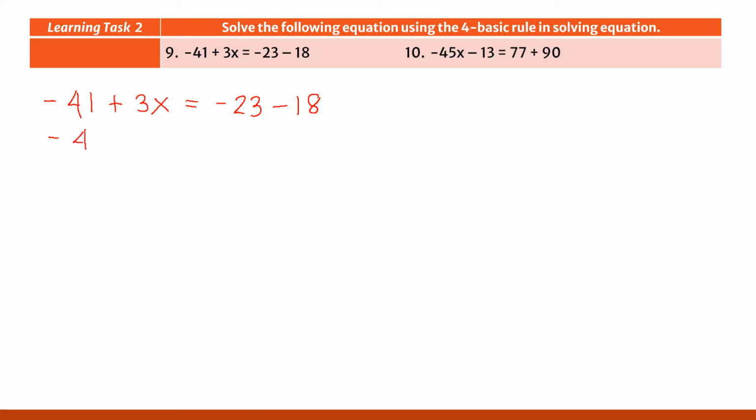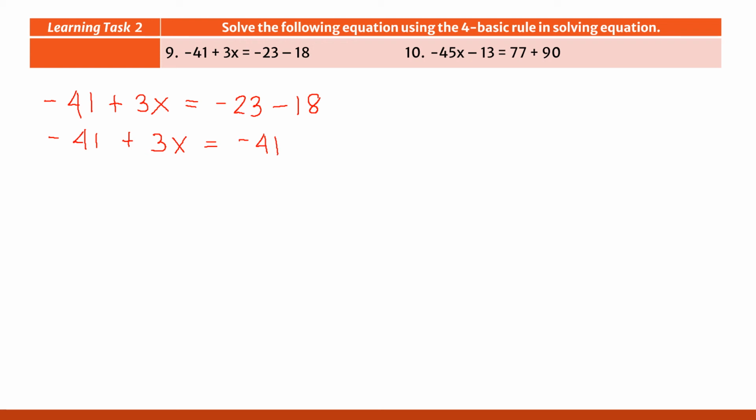Negative 41 plus 3x is equal to negative 23 minus 18. So, what is negative 23 minus 18? Well, it is equivalent to negative 41. Okay? So, this is our new problem.